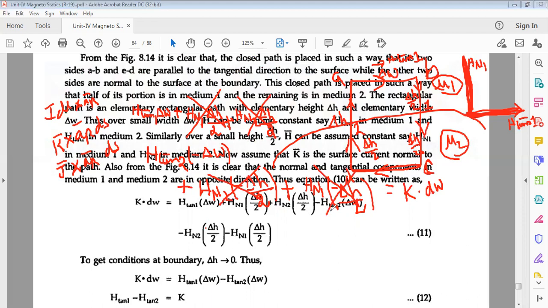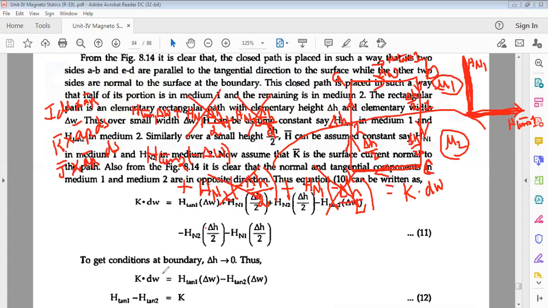Or otherwise you can see Hn1 delta H by 2 minus delta H by 2, plus and minus get cancelled. Or delta H by 2 and minus delta H by 2, the Hn2 and Hn2 all get cancelled. And finally we have H tan 1 delta omega minus H tan 2 delta omega.